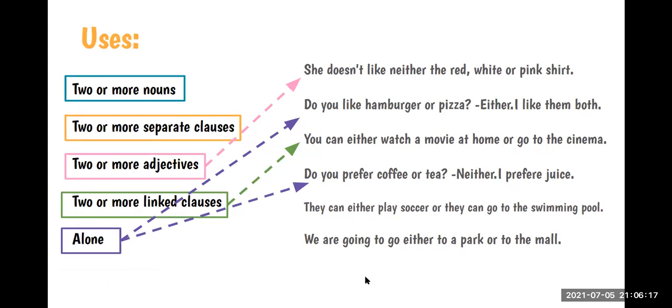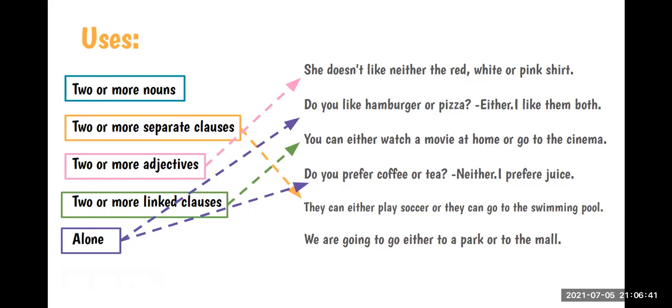What about this one? Two or more separate clauses. Very good. Because as you can see, we have the subject for each of the actions. Here we have subject for the first action. And then we have a subject for the second action. Of course, it's the same subject, but in the written part, we have two subjects, okay?